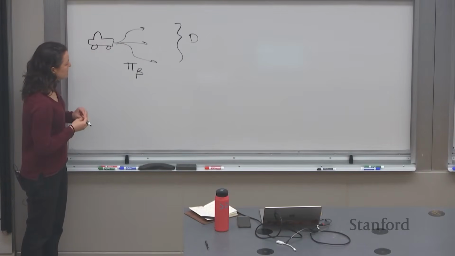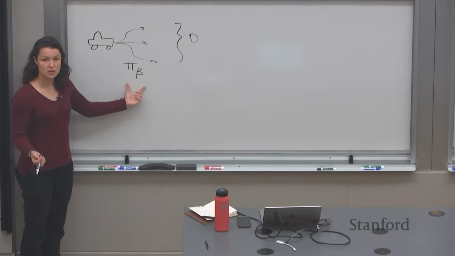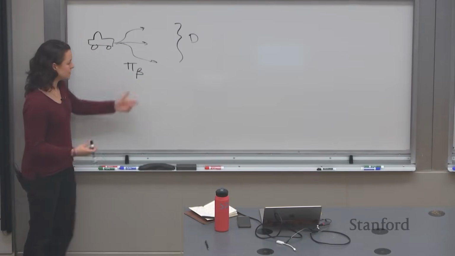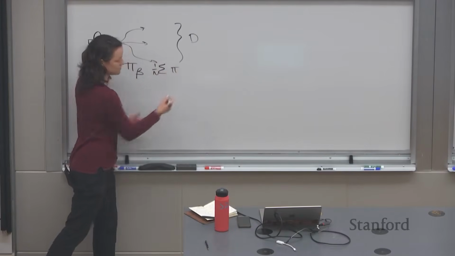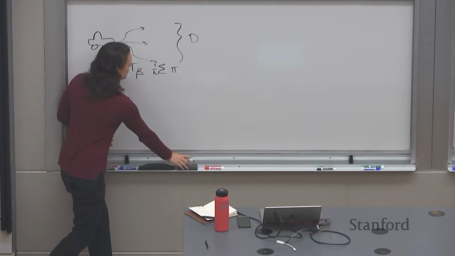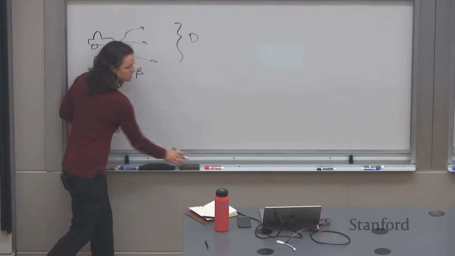And if it's collected by multiple policies, then you can think of pi beta as a mixture of policies. You can define that mixture as some average or weighted sum over some constituent policies. So we don't lose any generality by saying that it's collected by a single policy.